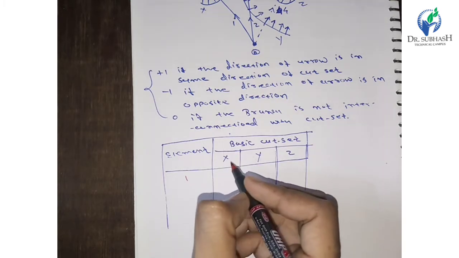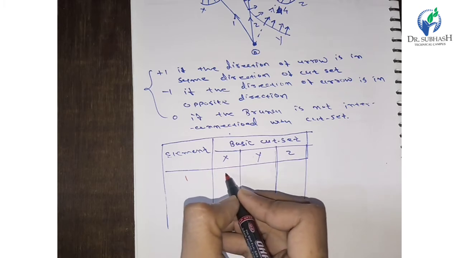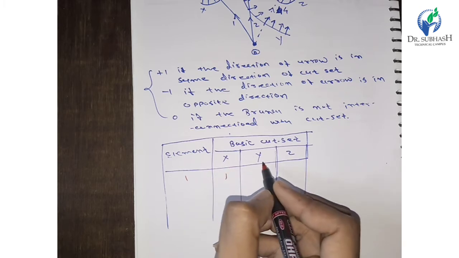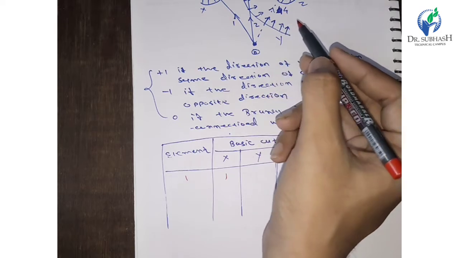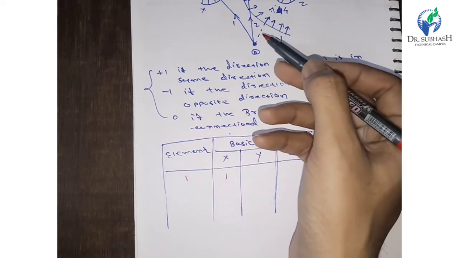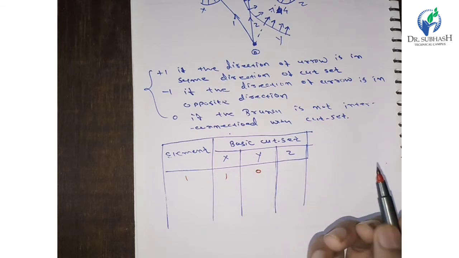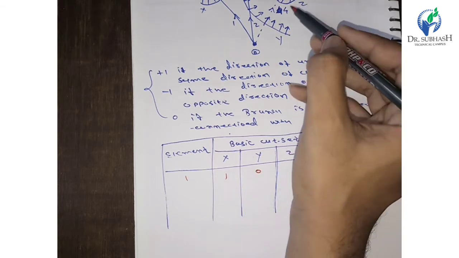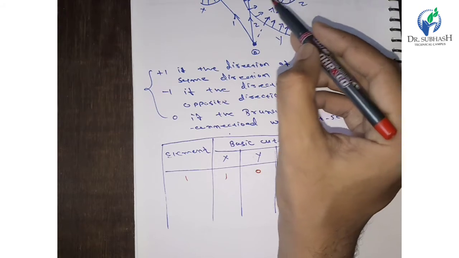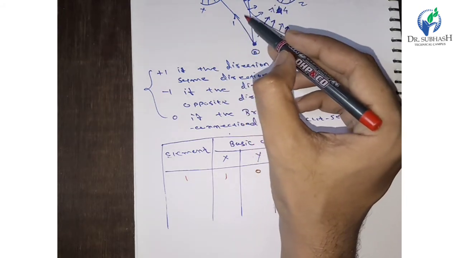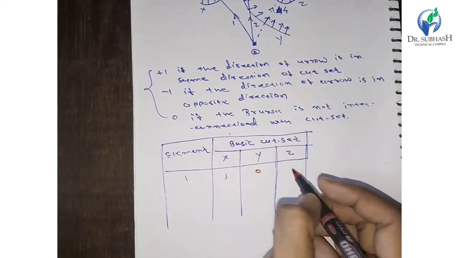So in basic cut set x the value is 1. In basic cut set y there is no connection with element 1, so here the value is 0. And basic cut set z is also not connected with element 1, so here the value is also 0.